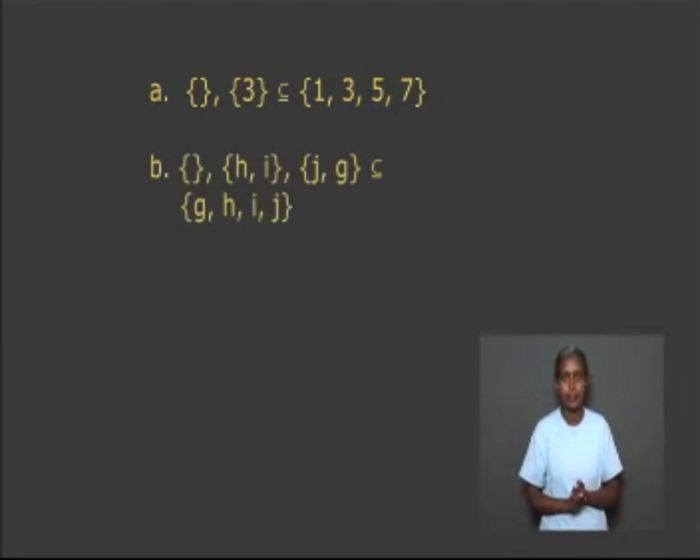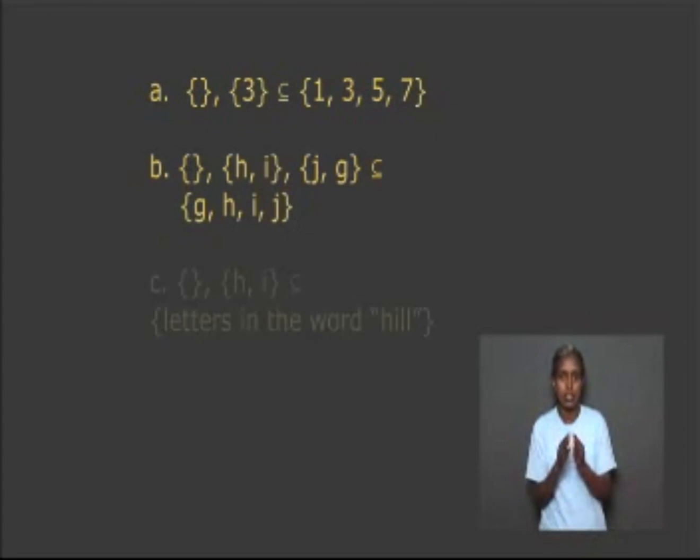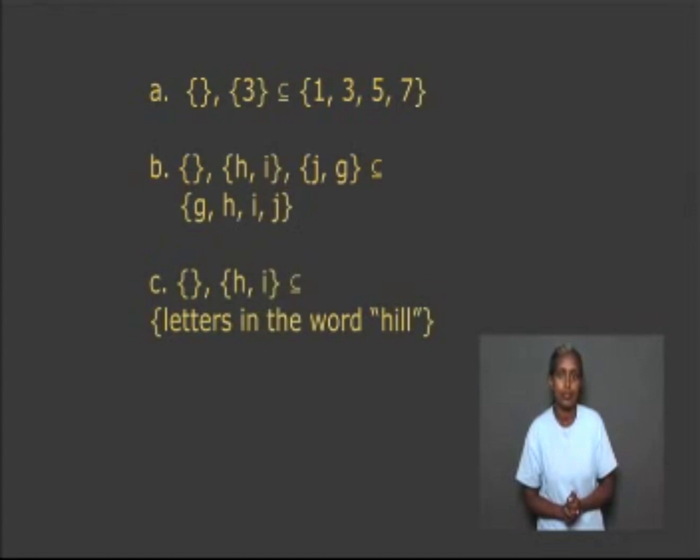For B, the empty set and the set containing H and I, as well as the set containing J and G, are subsets. For C, the empty set and the set containing H and I are subsets.